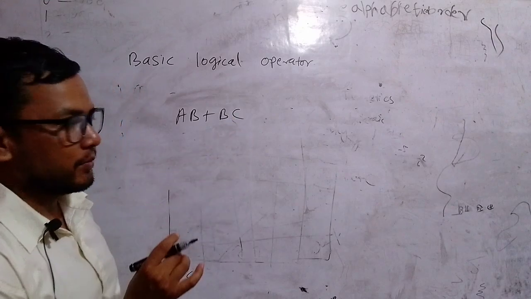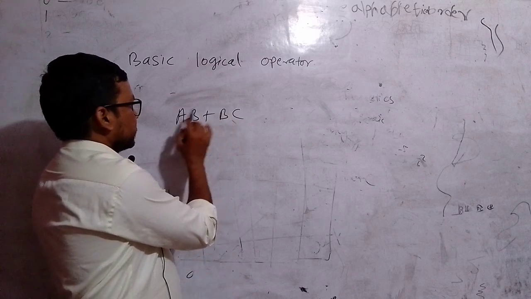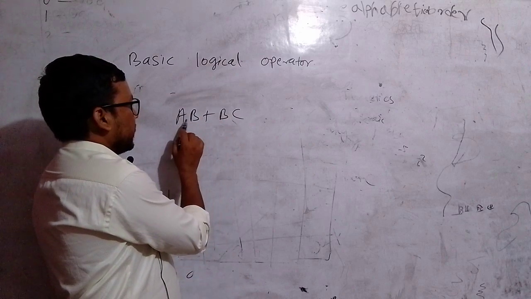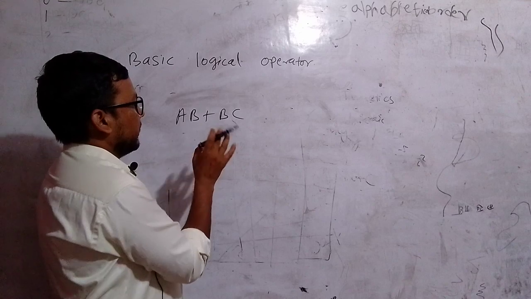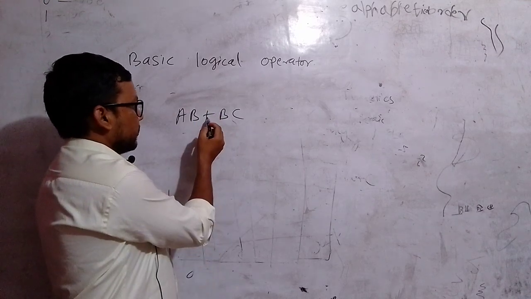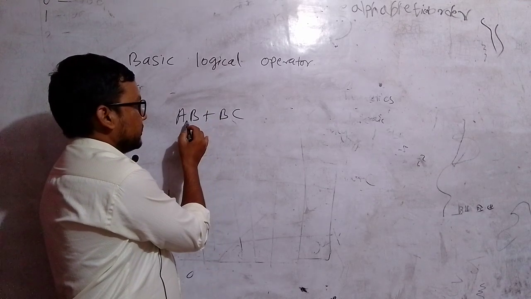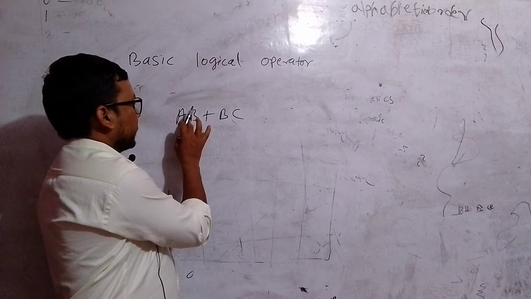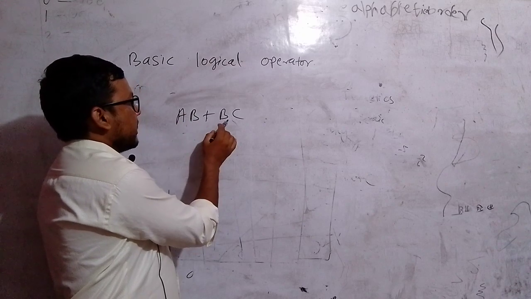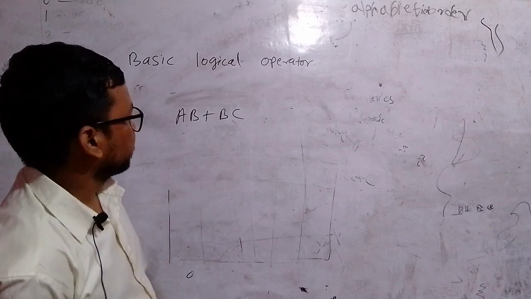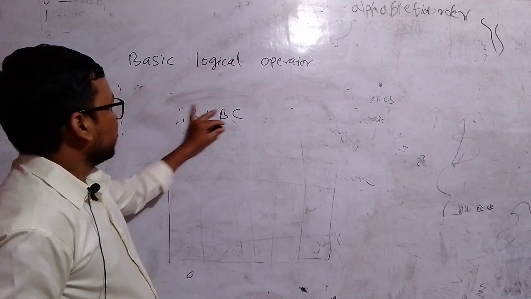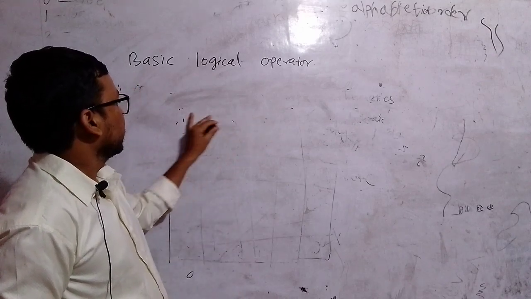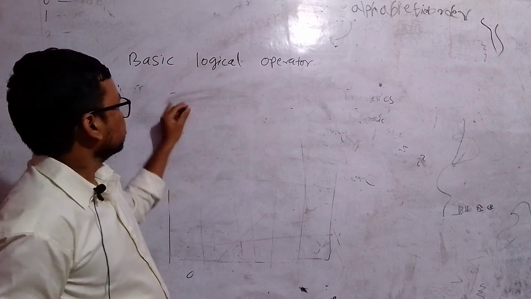Dot means AND operator. This expression contains 3 variables, and 3 operators also: by default the multiplication means AND operator, and OR. This is called Boolean algebra.